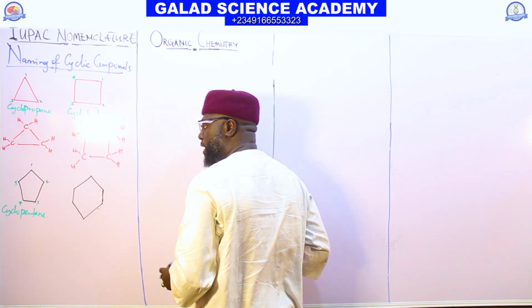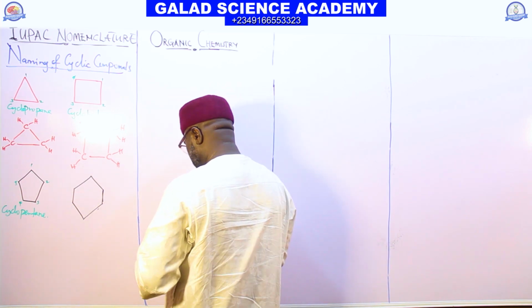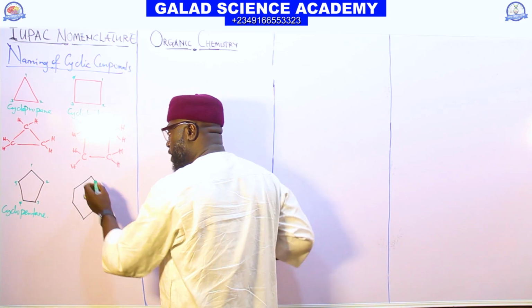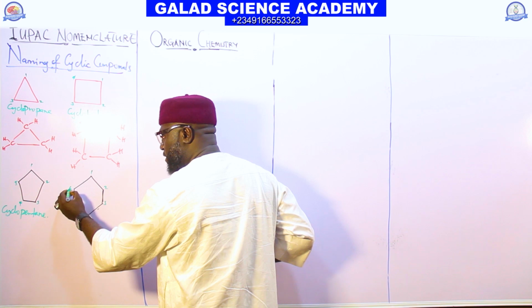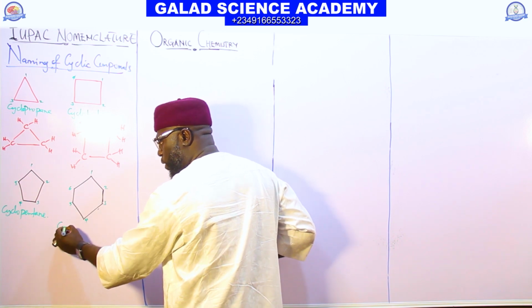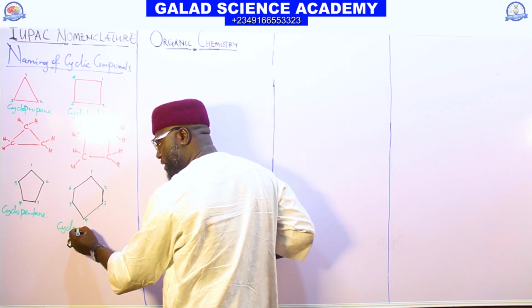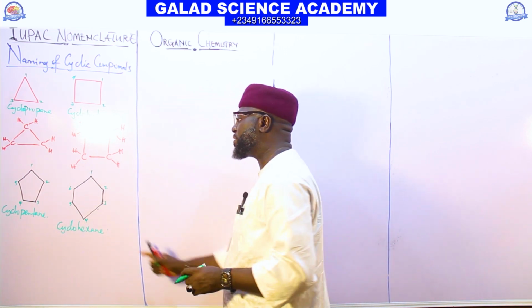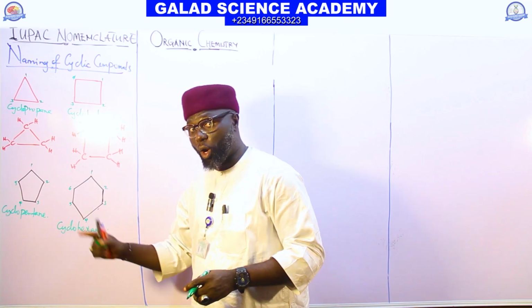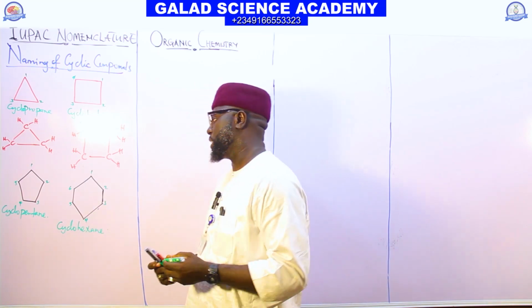Can you see it? How many sides do we have here? Let's check it. 1, 2, 3, 4, 5, 6. The name is called what? Cyclo, 6 is hexane. Cyclohexane. If it has double bonds inside, you call it benzene.